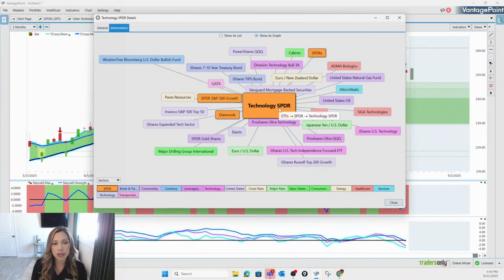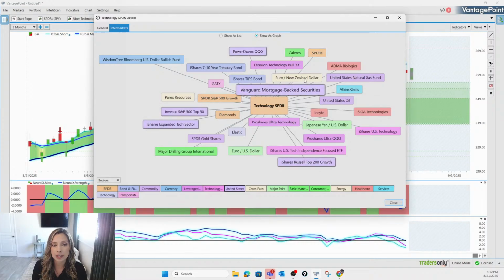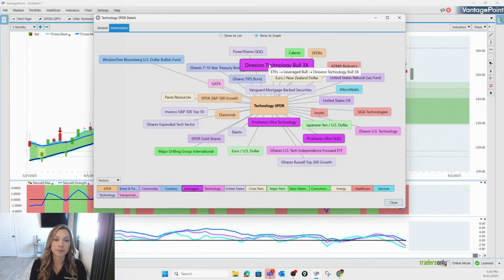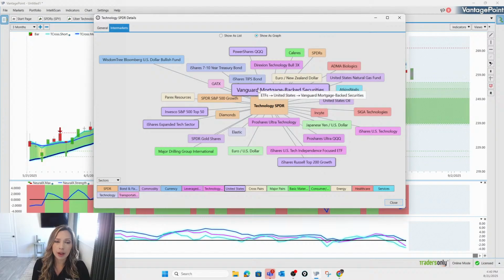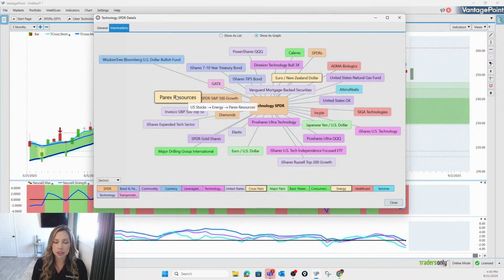So with the spider technology sector here, XLK, we can see the markets that are actually impacting XLK. And this is important because not only are we looking for markets that impact this market, but behind the scenes, as part of the artificial intelligence in VantagePoint and as part of the patented technology, we're also analyzing how these markets are driving the price action and the movement of XLK.